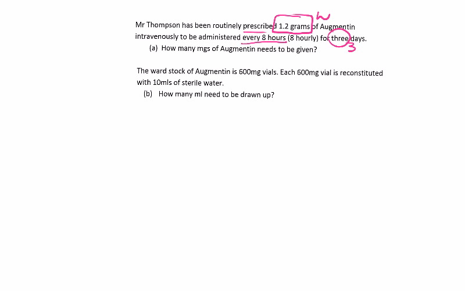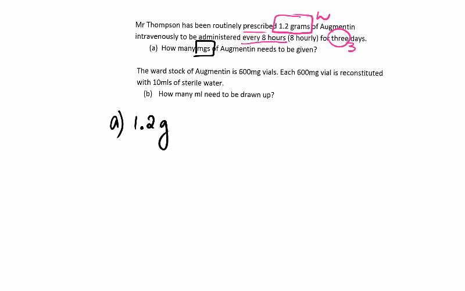Well, if the patient was prescribed 1.2 grams and we are being asked how many milligrams for the single dose, all we need to do here is a metric conversion.